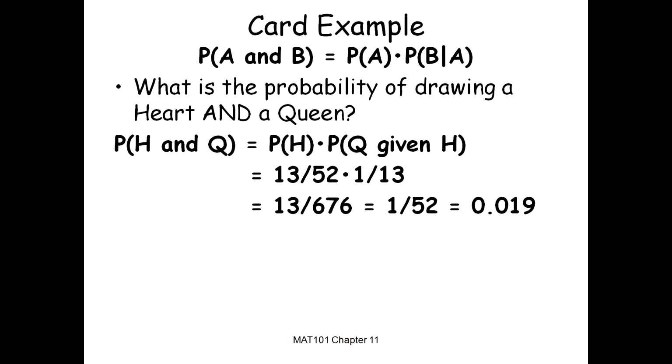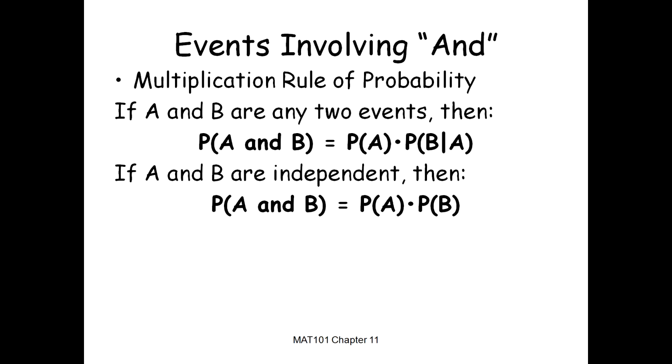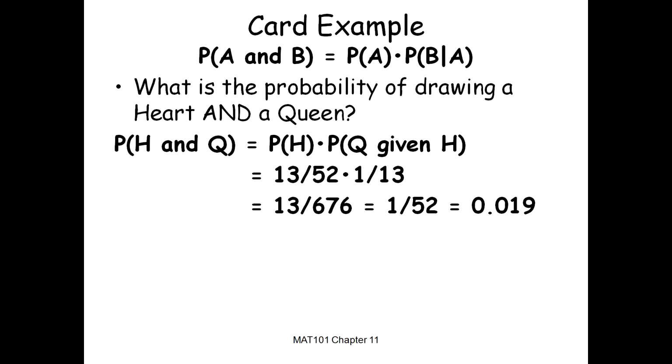So how do we apply this? In section 11.3, let's consider the probability of drawing a heart and a queen. If we consider the word "and" here, the probability of drawing a heart and a queen is the probability of drawing a heart times the probability of drawing a queen given a heart.